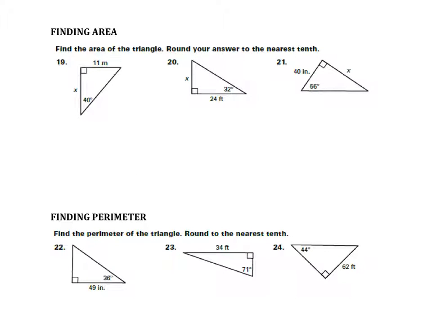We can expand this a little bit further and find the area. And in order to find the area, the first thing you need to do is find x, then use 1/2 base times the height. So how do we find x? We use the tangent.